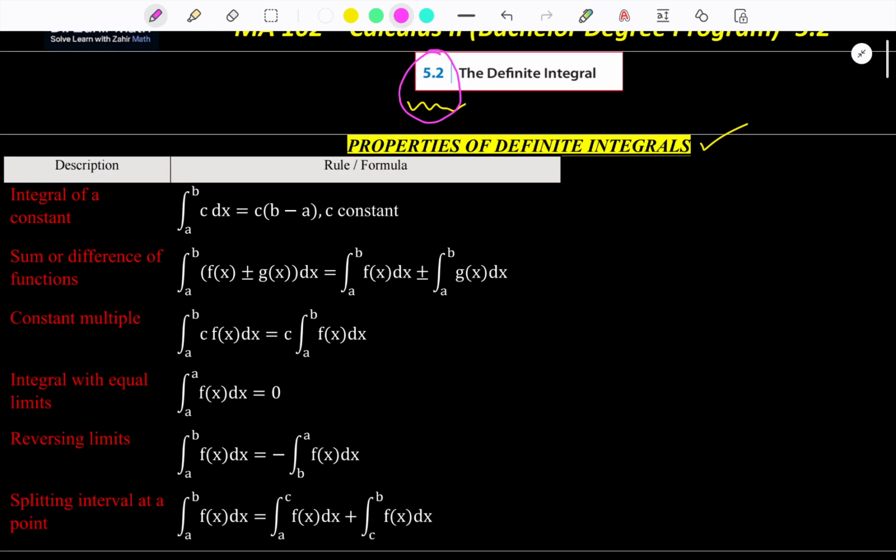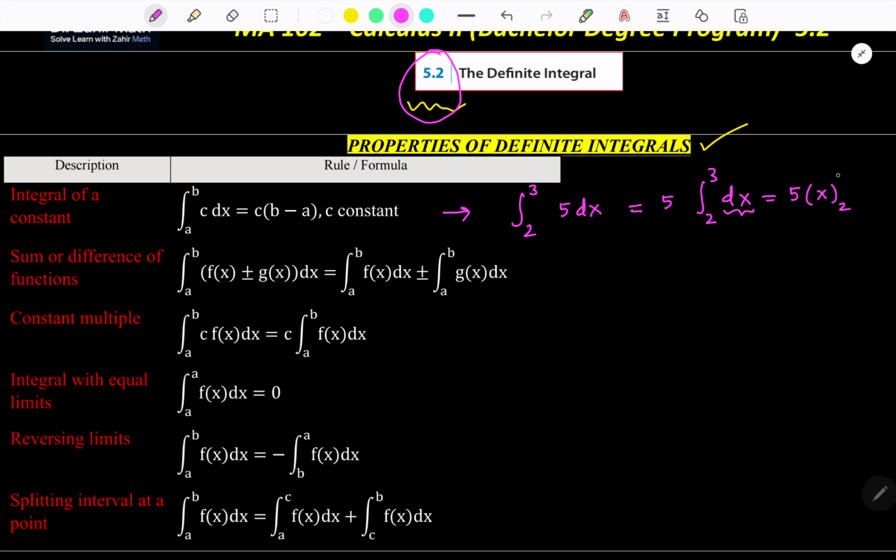So the first property is the integral from a to b of c times dx. How will the question come, teacher? It will be like this: integral, for example, from 2 to 3 of 5 dx. If there is a situation, you take this 5 out, then integral from 2 to 3 of dx. After the 5, what is the integral of dx?